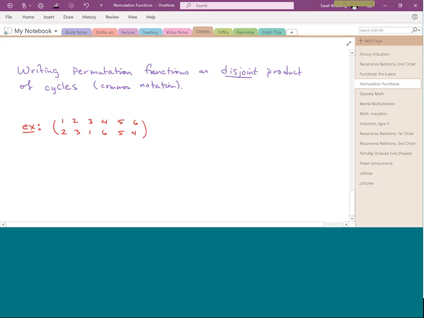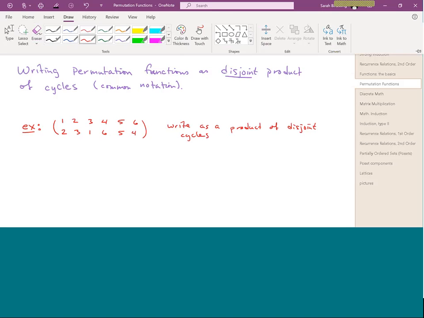Okay, so that's our permutation function, and we want to write it as a product of disjoint cycles. And we'll see where that name comes in after we actually do it.